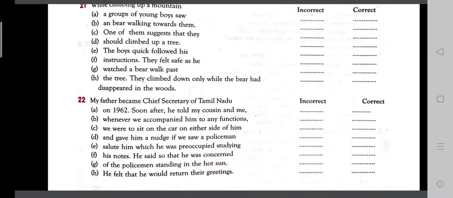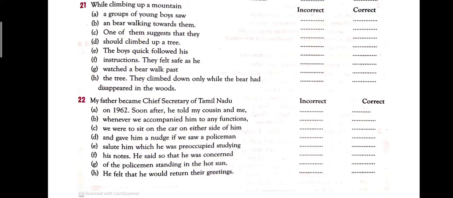Then, if the given passage is in present tense, then the entire line should be in present tense. If not, you have to change it. So make sure whether the error is in preposition or articles or conjunction or concord, that is, subject verb agreement, or singular, plural, or else tense.